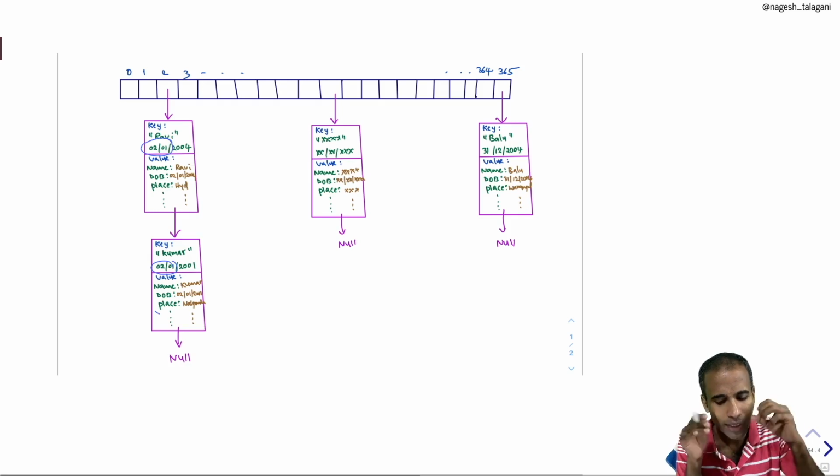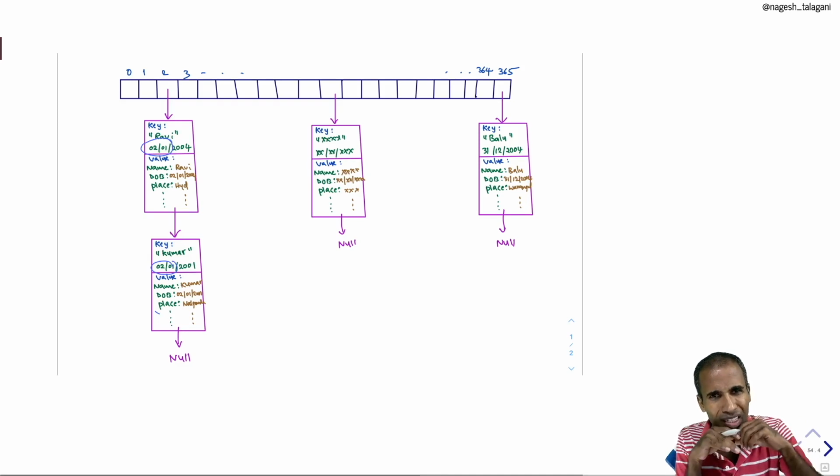For example, if there are 23 students in the school, what do you think about the chances of having collisions? You may feel that there are 365 slots and our hash function uniformly distributes keys over the indices, so there would be very little chance of collision. What about 60 students?